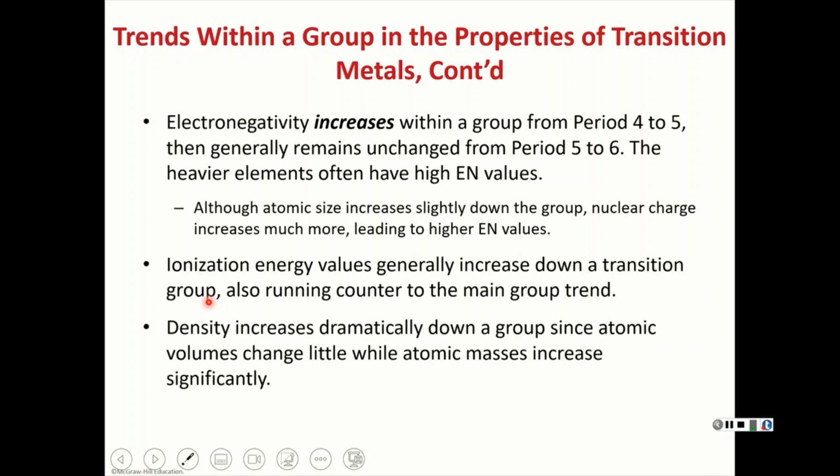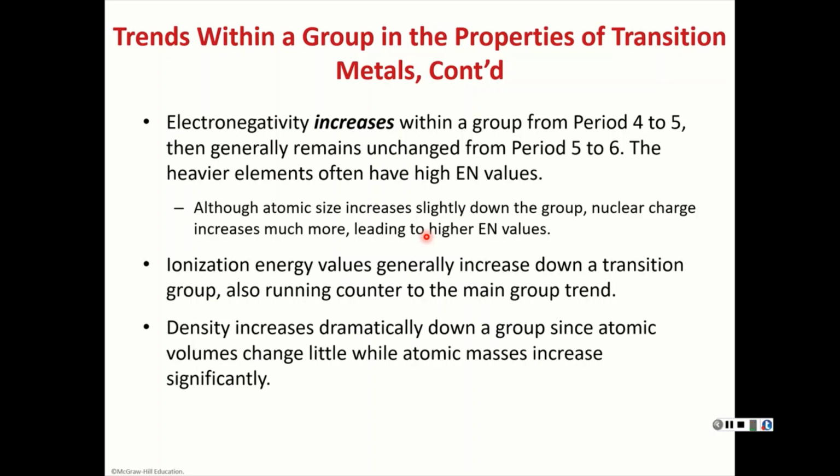More trends within groups. Electronegativity increases from row 4 to row 5, then generally remains unchanged from 5 to 6. So again, there's a difference between the 4th and 5th rows in the transition elements, but not between the 5th and 6th. The atomic size is increasing slightly down the group, but nuclear charge is increasing much more, and that leads to higher electronegativity values.